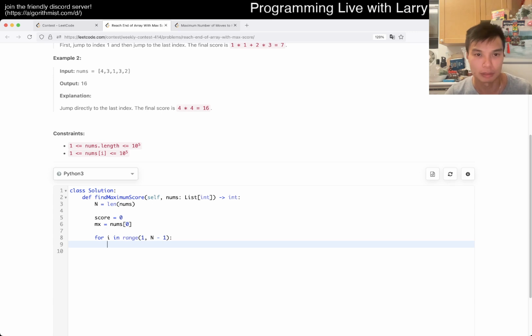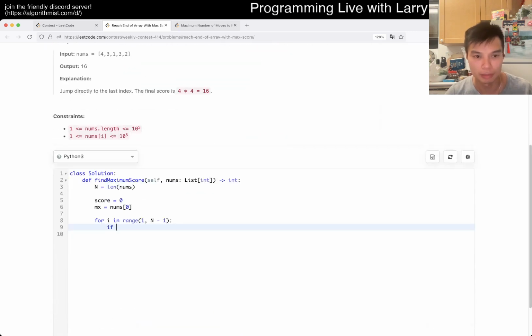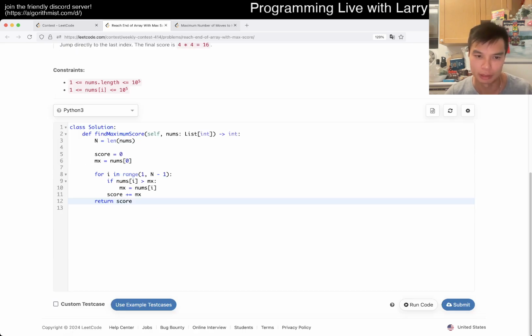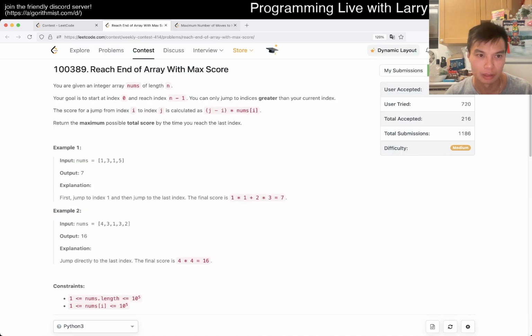Because the last number doesn't really matter. And then if nums[i] is greater than mx, then mx is equal to nums[i]. But anyway, score we add by mx, and then we just return score at the end. Something like this, right?